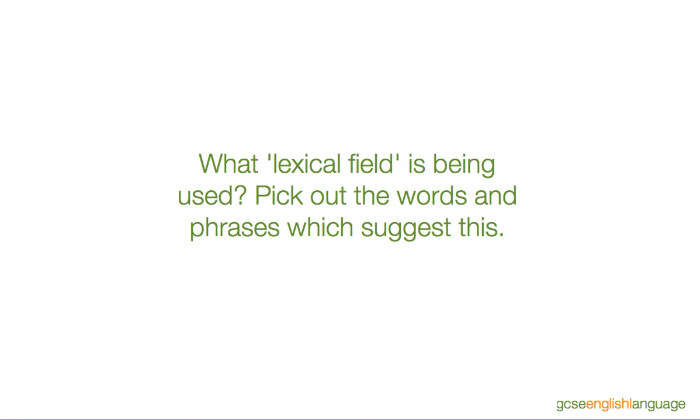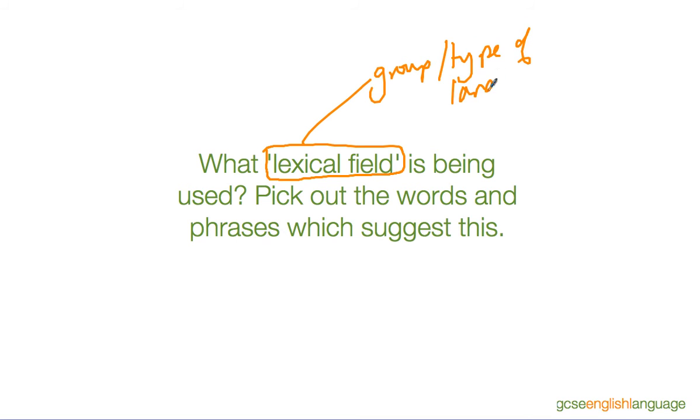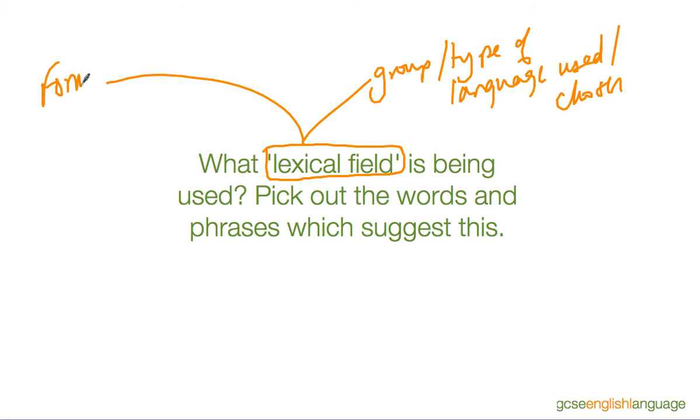This word here I think is a useful one to have, the idea of what we call a lexical field. And what we mean by that is the group of words, the group and type of language chosen. So you might have a formal lexical field or an informal.